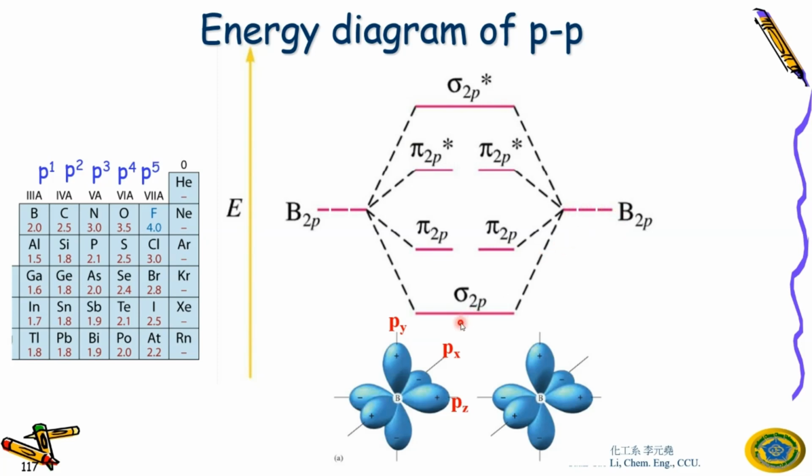Of course, sigma bond is the strongest bonding, so its energy needs to be the lowest. So this is sigma bond. And pi bond is weaker than sigma bond, so it should be here. And these two are the same, so they need to be at the same level.